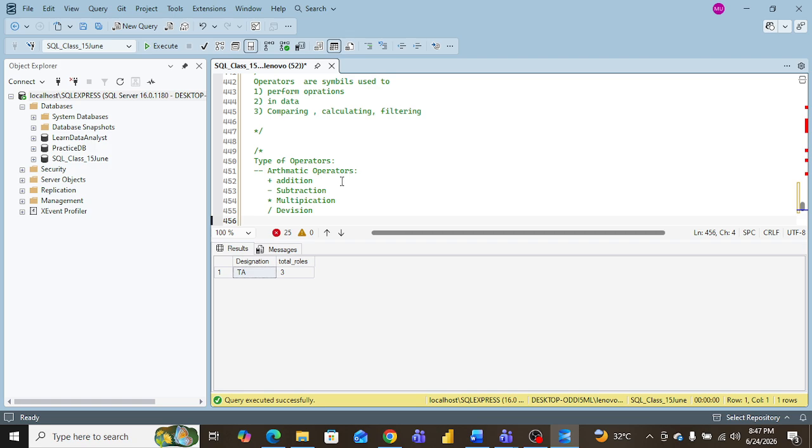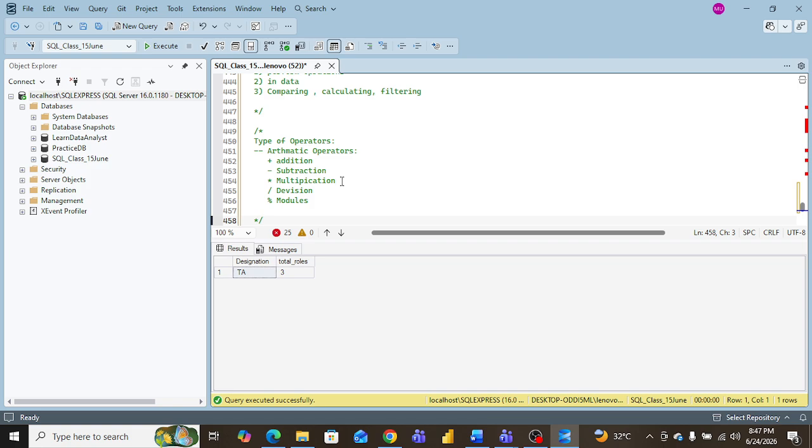What is the meaning of modulus? Okay, so how can we use this? You know addition, subtraction, multiplication, division.